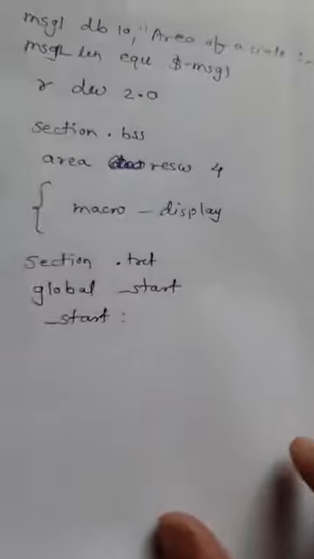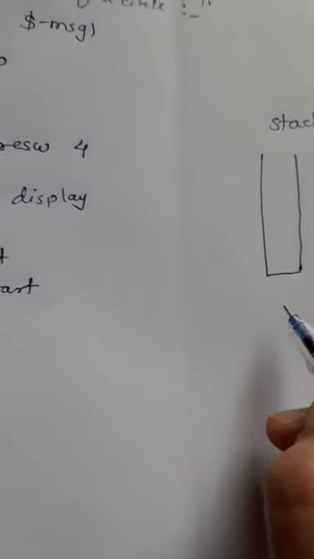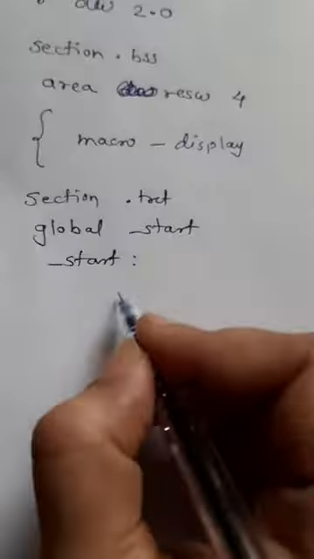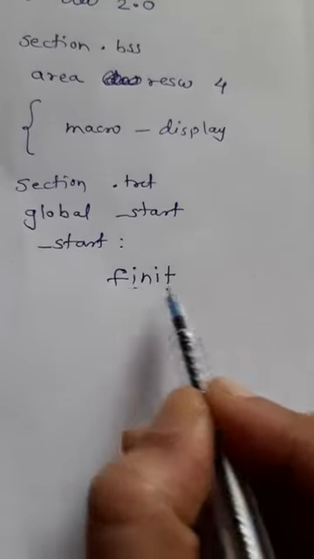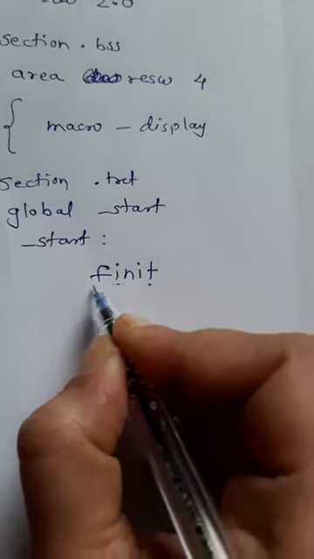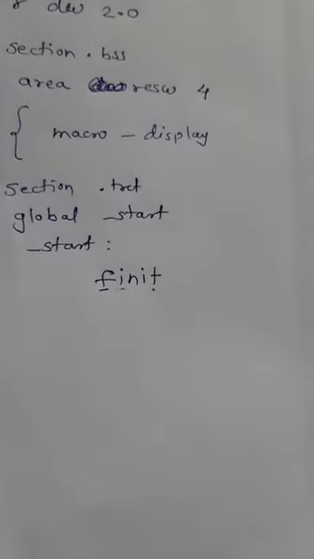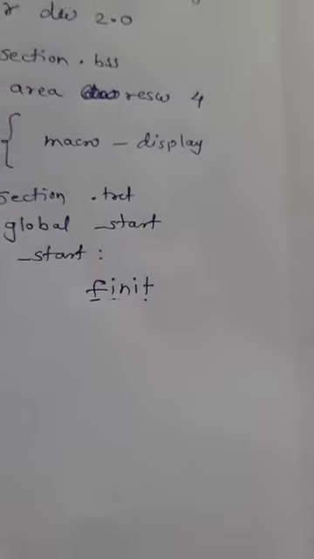First, the very first instruction that we will use is to initialize the coprocessor. So the first instruction I will write is finit, that is called initialization of a coprocessor. We know that for the coprocessor all the instructions start with the character f. So finit will initialize the coprocessor.